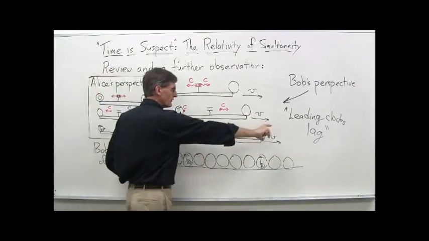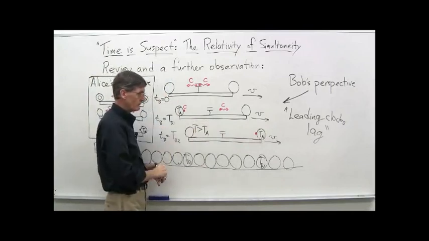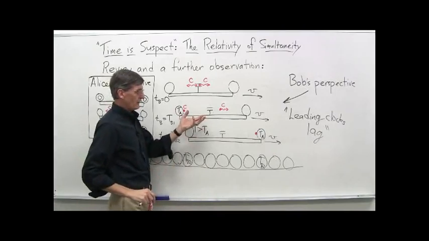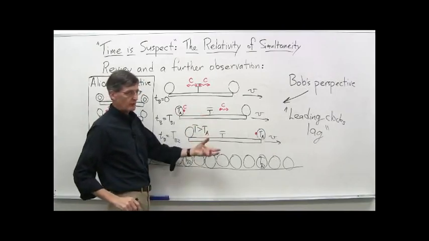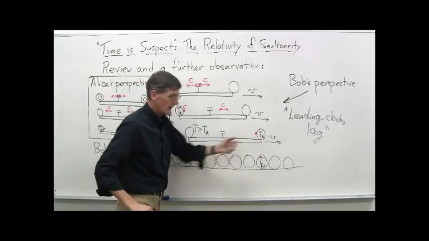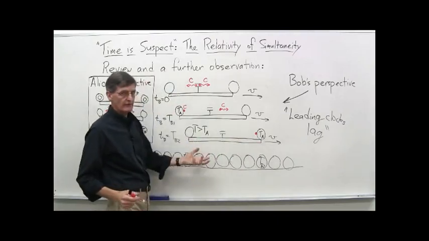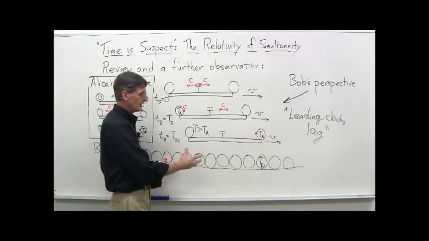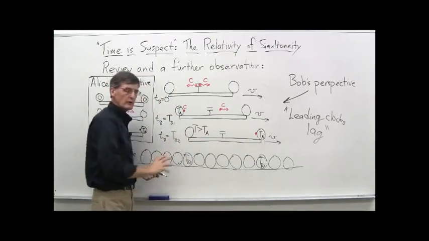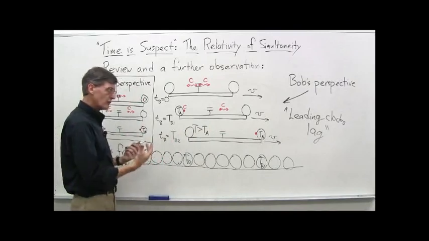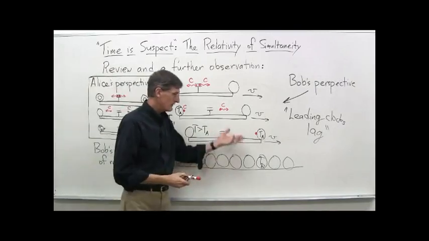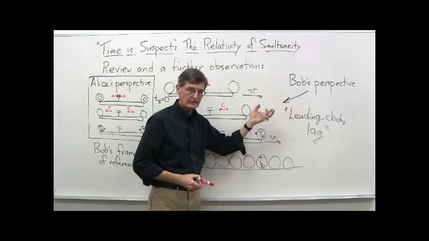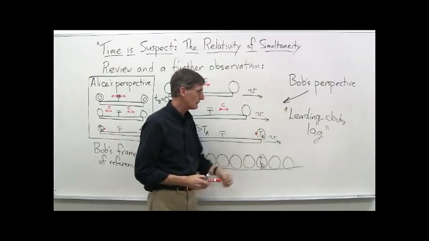If you have Alice flying by, or whoever's flying by, at a speed v that gets up close to the speed of light, in later video clips we will look at how fast you have to be going for these effects to start becoming noticeable, but for now we're just doing it qualitatively. Clearly the weird result here takes a while to get our minds around, which is why sometimes it's useful to state it as a succinct principle and just memorize it: leading clocks lag.